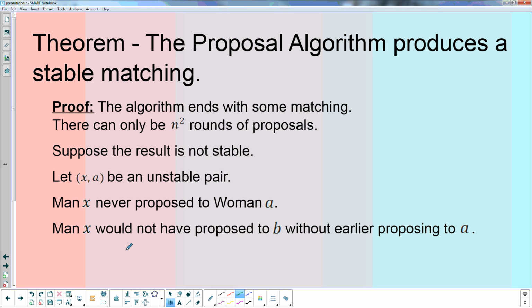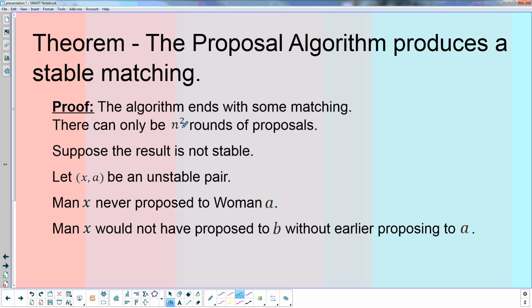So since the man's list never goes upwards, and the woman's list never goes downwards, because she refuses all but her best offer, that really means that man X would have never proposed to woman B without earlier proposing to woman A.